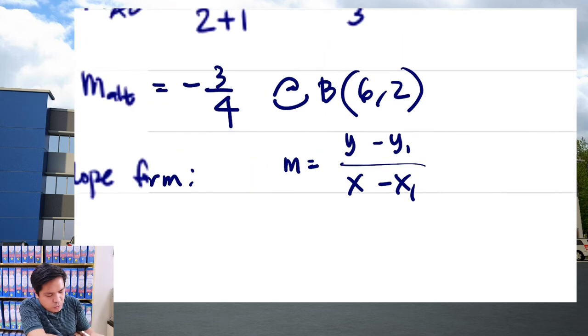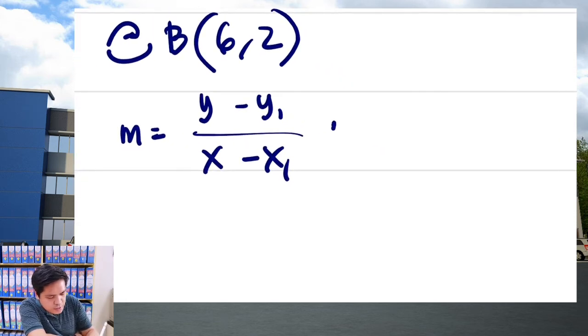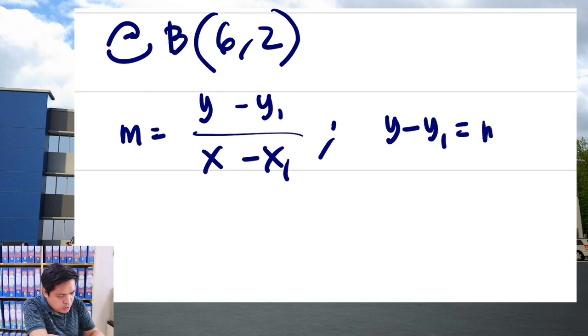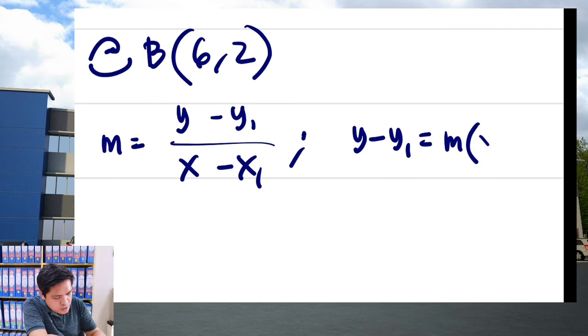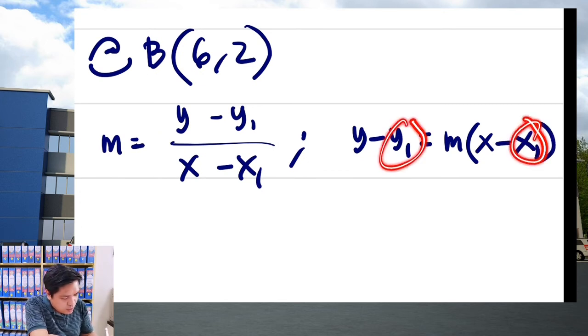Therefore, we could rewrite this as y minus y1 equal to m times x minus x1, where x1, y1 is the given point.